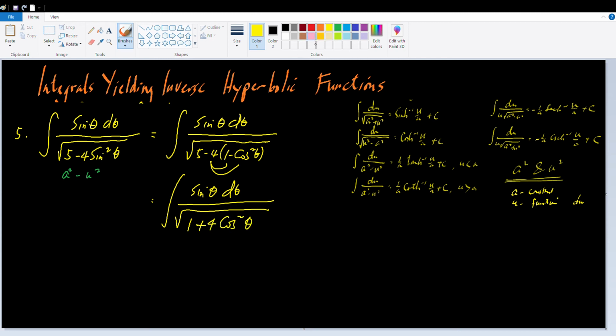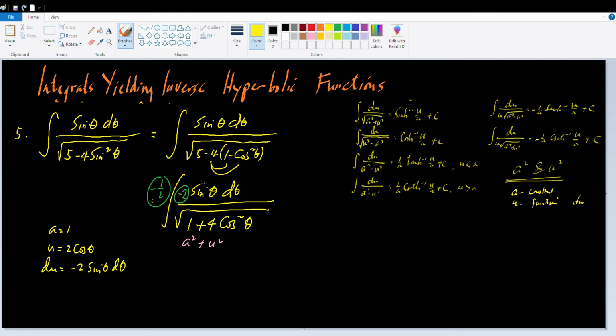So what we have in the radical is the expression a squared plus u squared. So it's not really a squared minus u squared, but a squared plus u squared. So our a is still 1. Our u is 2 cosine theta, and du is negative 2 sine theta d theta. So the only thing we have to do is to introduce negative 2 and multiply it by negative 1/2.